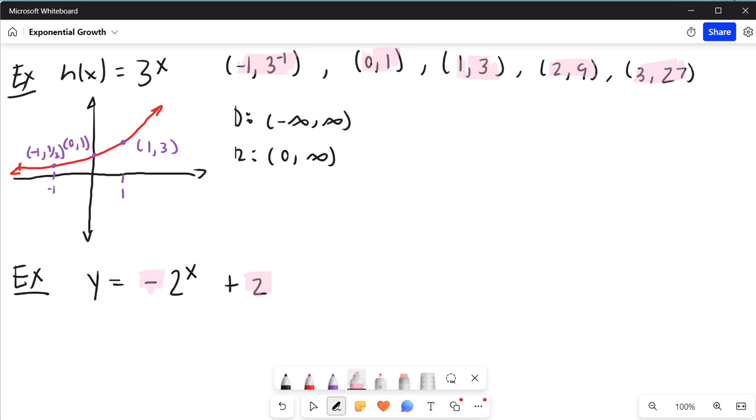It's reflecting the graph over the x-axis. So what that means is that the horizontal asymptote would be at y equals 2, but the graph of the function would actually just be reflected in this case. It's almost like saying that if you had the ordered pair (0, 1), it would pass through (0, 3), but you have to reflect it now over the x-axis in this case.